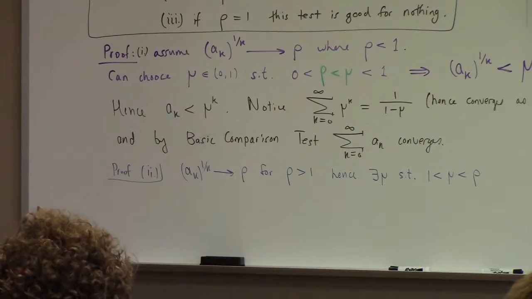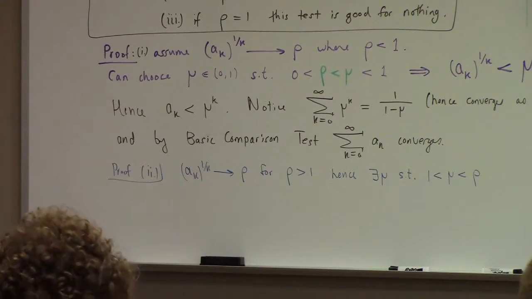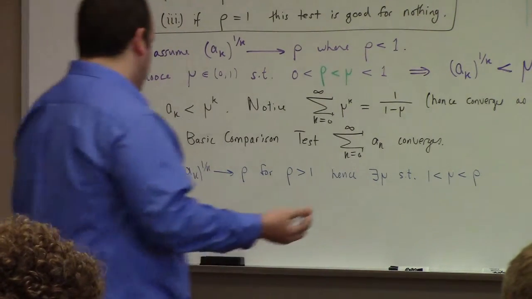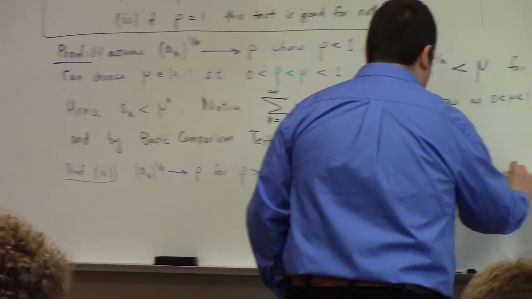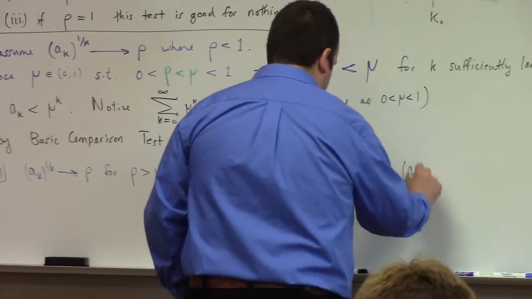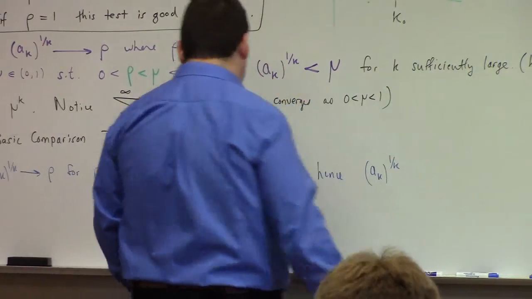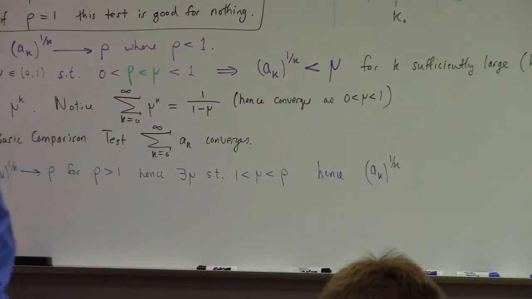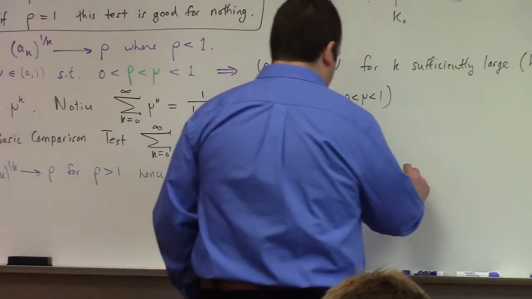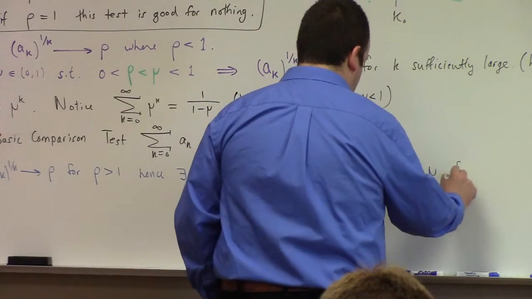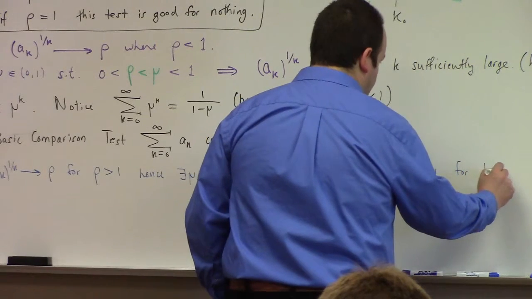There's got to be some mu between rho and 1, but on the other side of things. Hence, a sub k to the 1 over k has to be greater than mu for k sufficiently large.